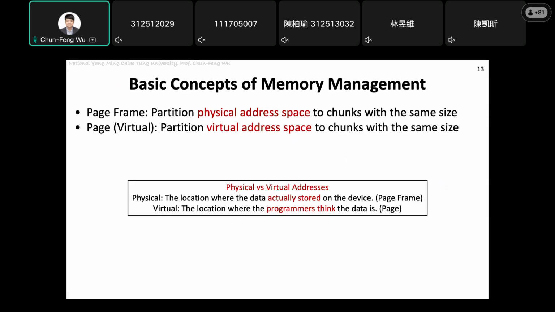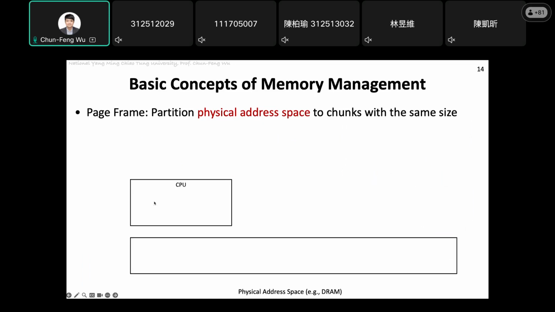So it is possible that the data is now on DRAM and later on it is on the swap device, but the programmer doesn't know. So for the virtual, it's just about what the programmer thinks. Okay, so we'll have more details about the virtual probably next week. And this week we'll first talk about the physical things.